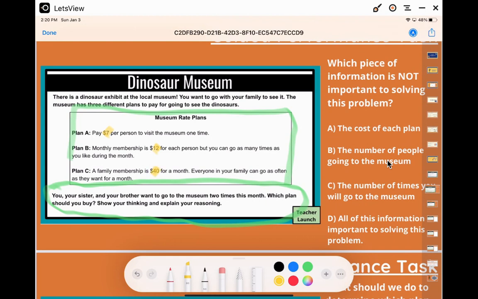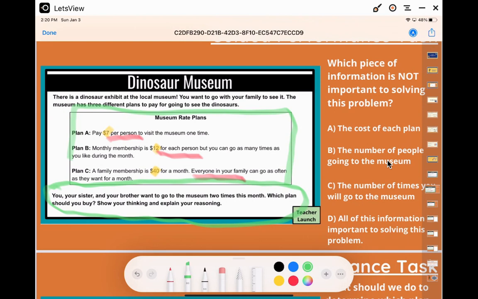One of the other things that I want you to notice is that each plan also has a different rate or different number of people that is impacted. Plan A is per person, that means each person. Plan B is also for each person, but Plan C is for the whole family.